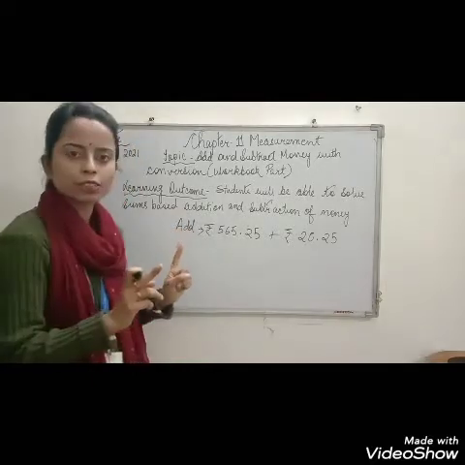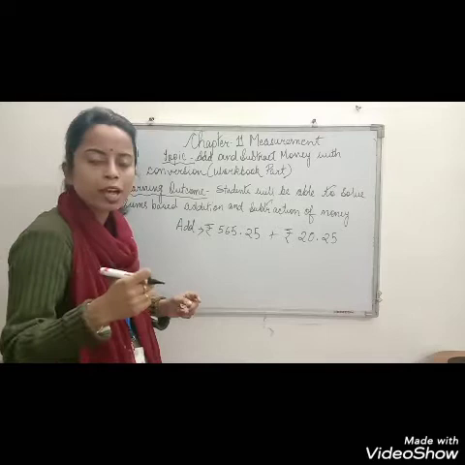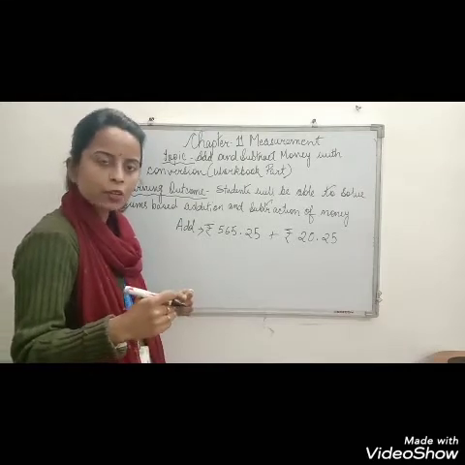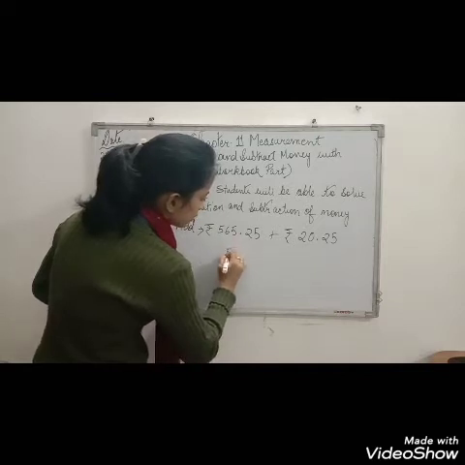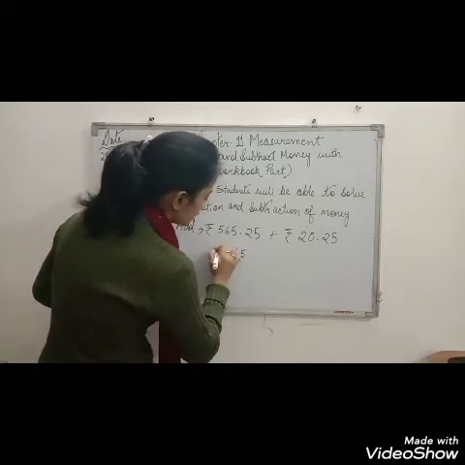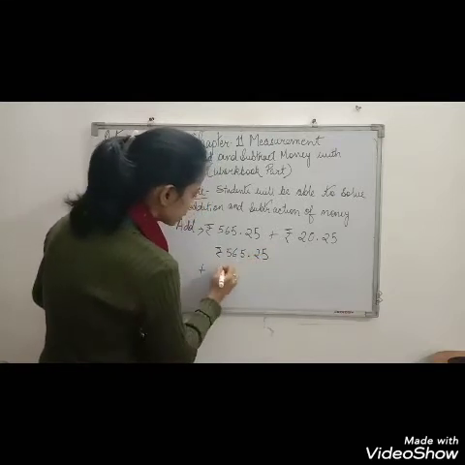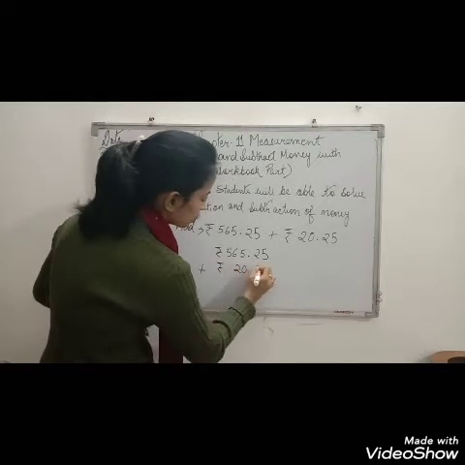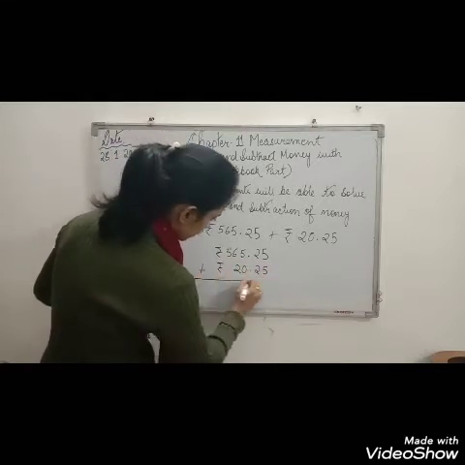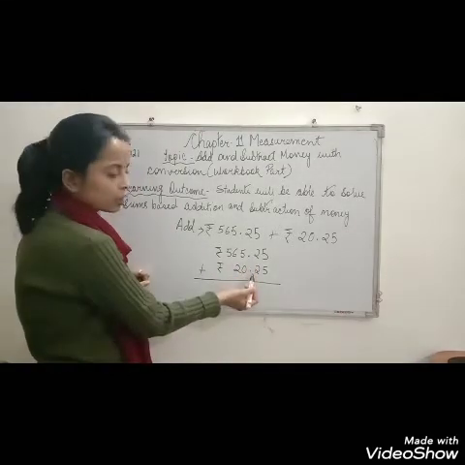Only here, what we have to see? We have to see the decimal point is exactly one below the other. Yes or no? So just add it. 565 rupees 25 paise plus 20 rupees 25 paise. Yes, decimal point exactly one below the other.